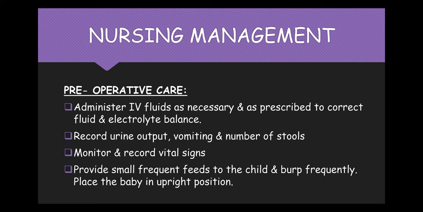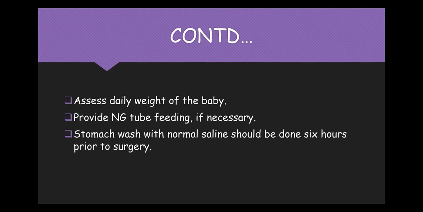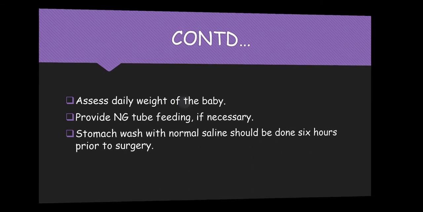Then provide small frequent feeds to the child and burp frequently, and place the baby in upright position. Then assess daily weight of the baby, provide NG tube feeding if necessary, and stomach wash with normal saline should be done 6 hours prior to surgery.